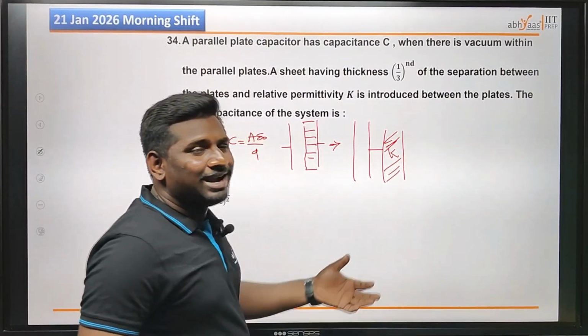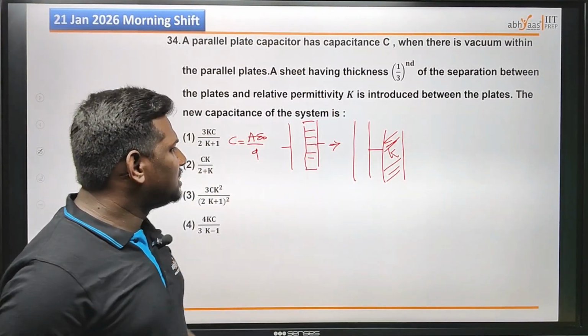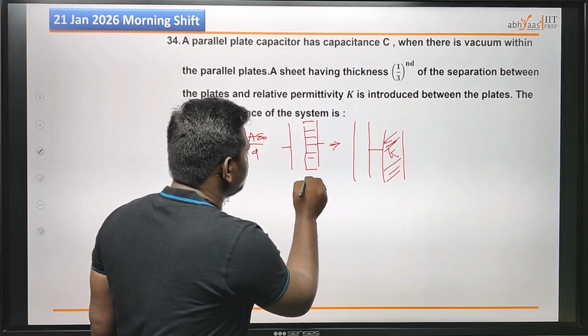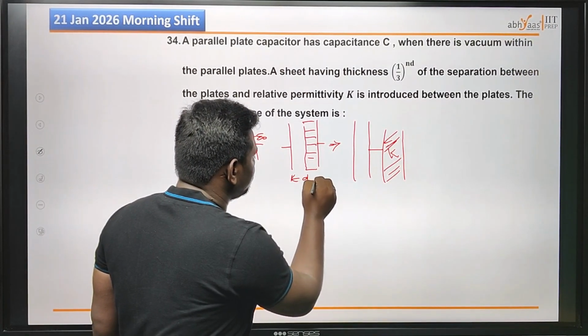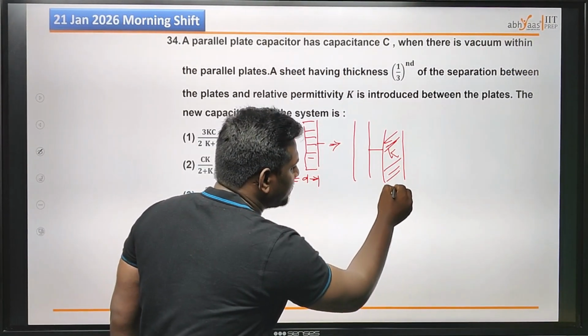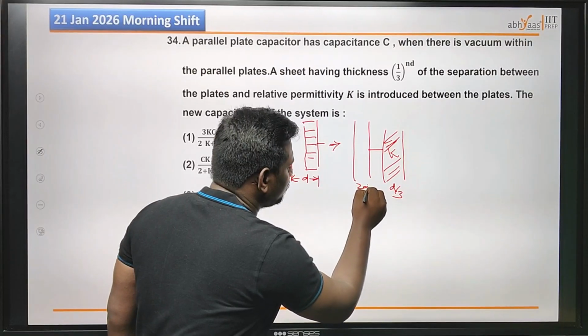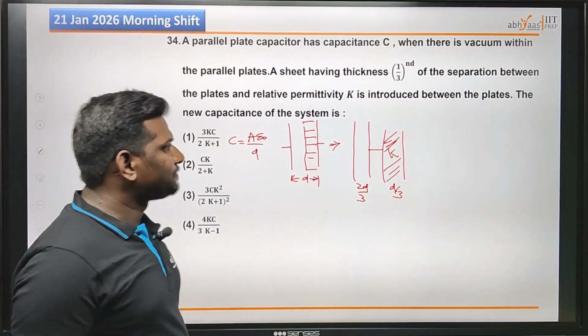This is d by 3 of the distance between the plates. If you observe, this is the total distance, it is d by 3 and this is 2d by 3.